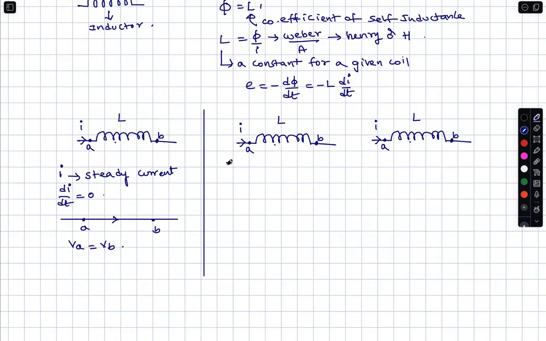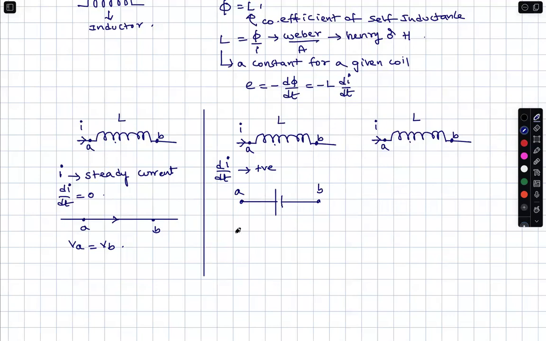Second observation, di by dt is positive, which means the current wishes to grow. So the induced EMF is induced in such a way as to oppose this. To oppose this, the induced EMF needs to take this polarity, A, B. Don't forget, I'm applying Lenz's law.